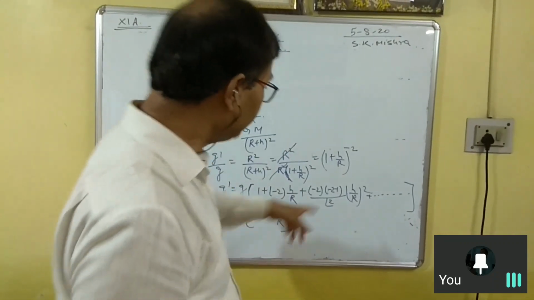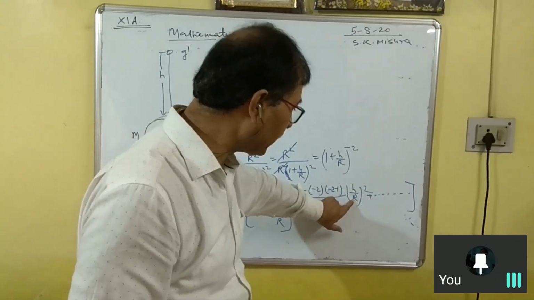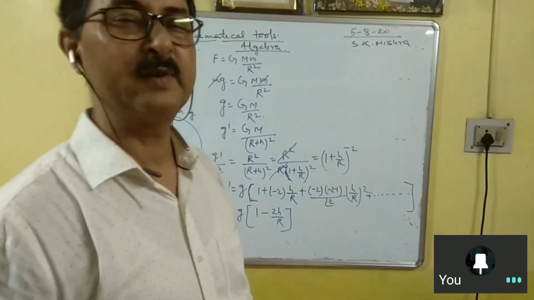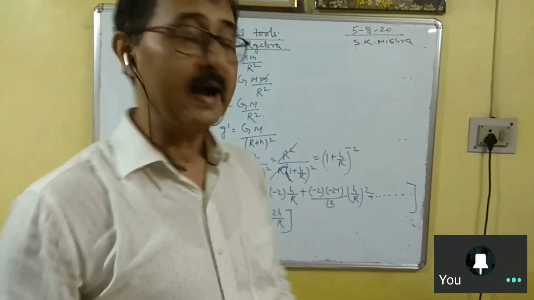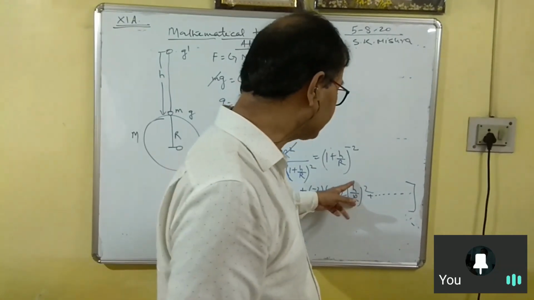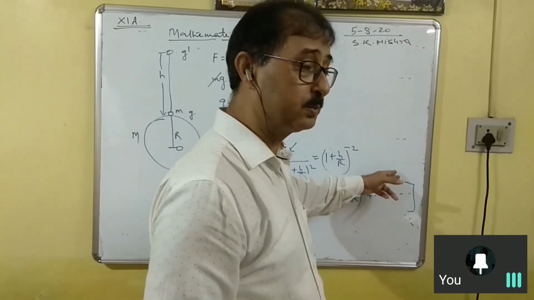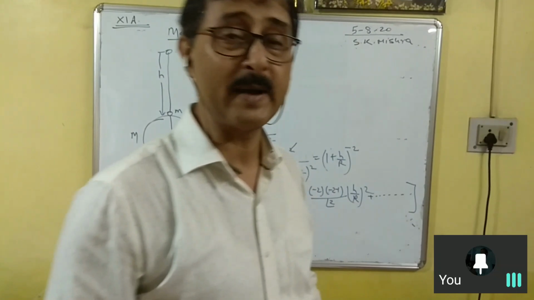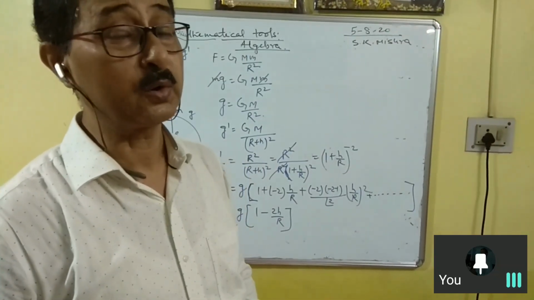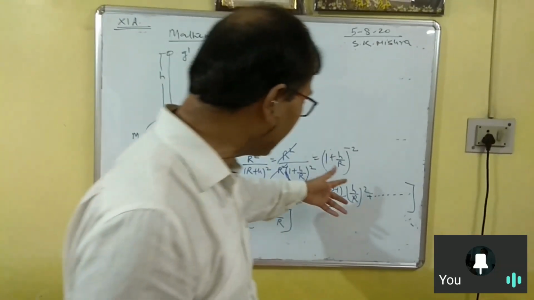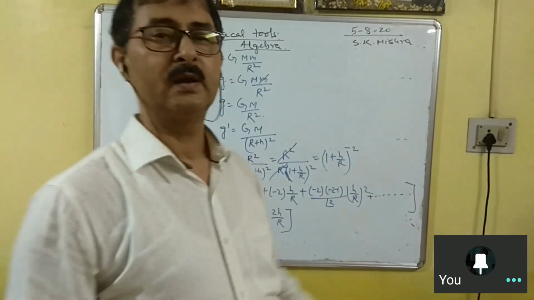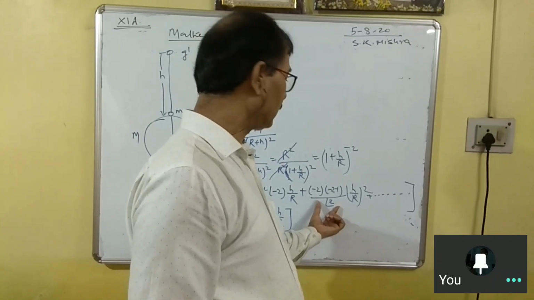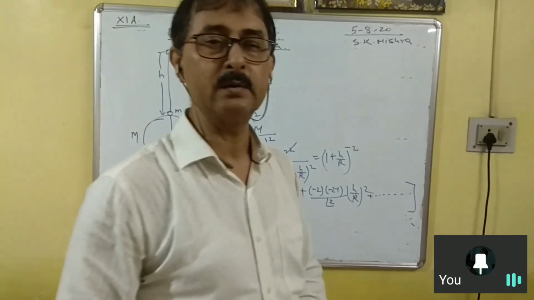So if you divide 1 by 6400 and square it, the number will be very, very much smaller than 1. The next term will have power h by r cube, the next h by r raised to 4. Those terms will have still smaller values, and when multiplied by this term, the whole term becomes negligibly small.